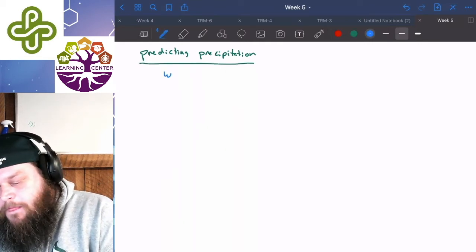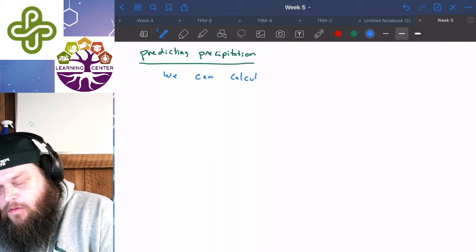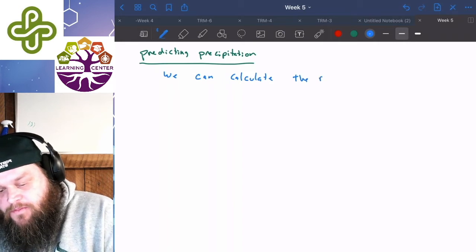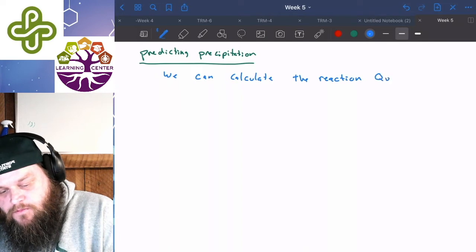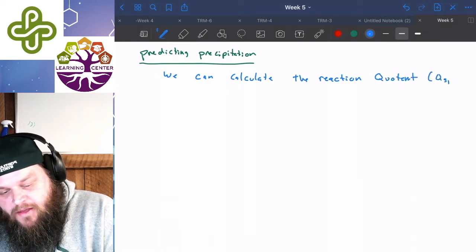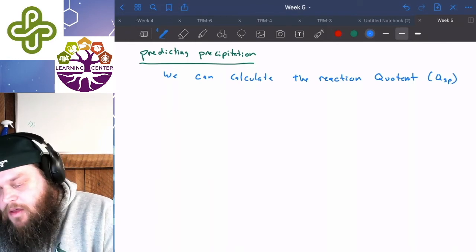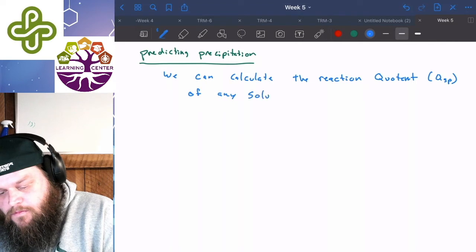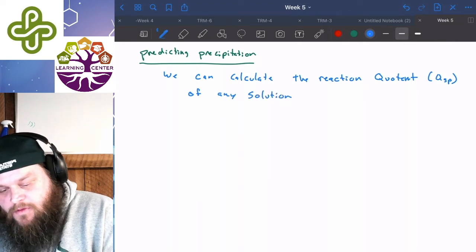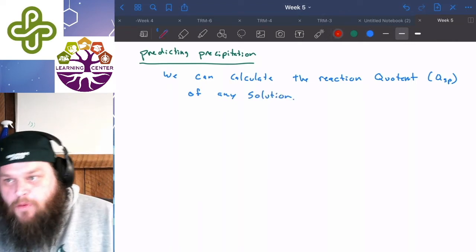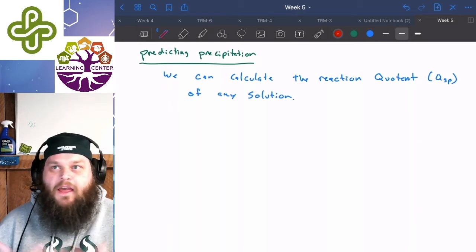So we can calculate the reaction quotient, which is QSP, of any solution using basically the same formula we had for the KSP value.